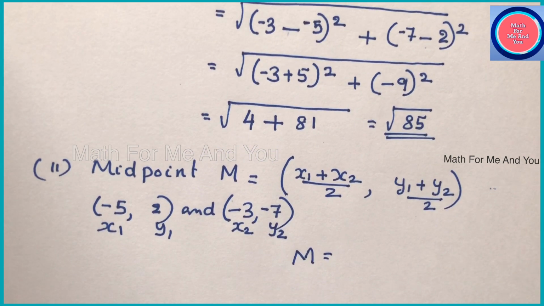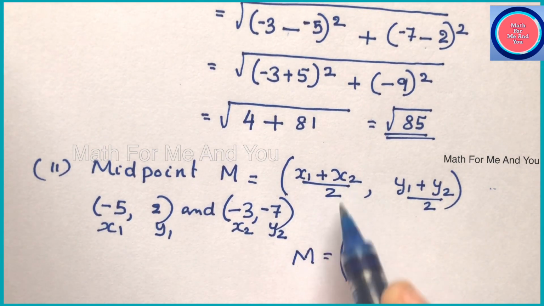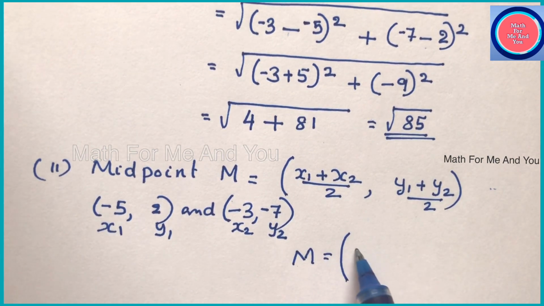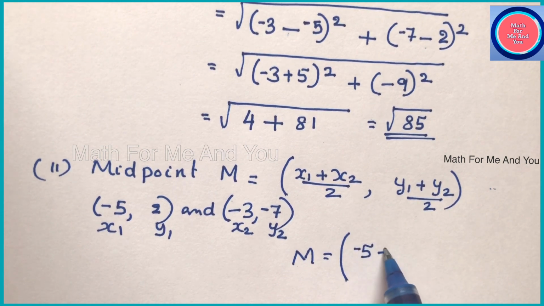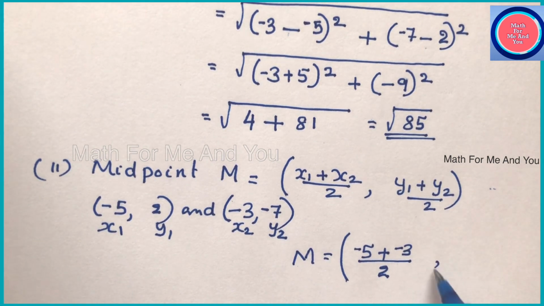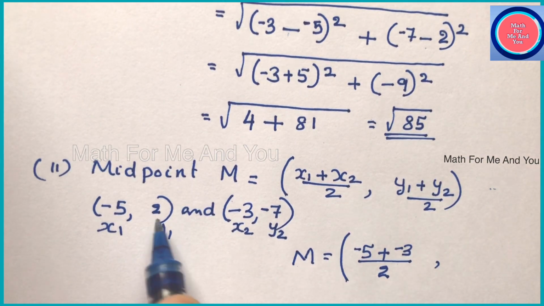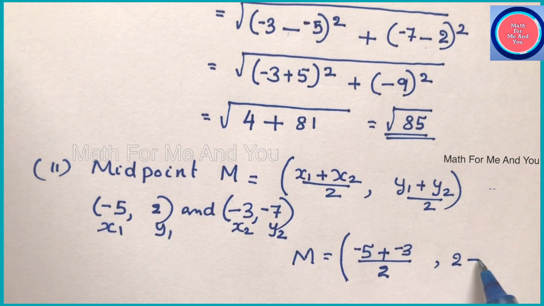x1 plus x2. So we write minus 5 plus minus 3, over 2. This is the x coordinate. Then the y coordinate is y1 plus y2 over 2. What is y1? y1 is 2. What is y2? Minus 7, over 2. Then we can find the value.